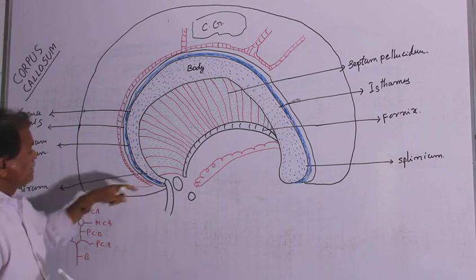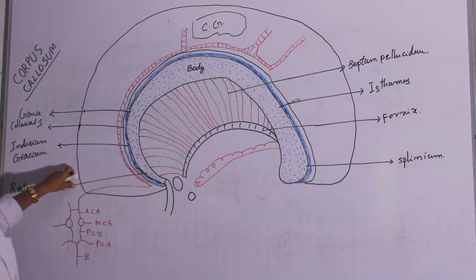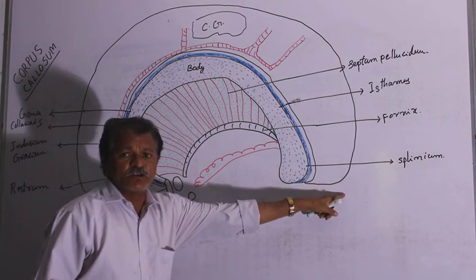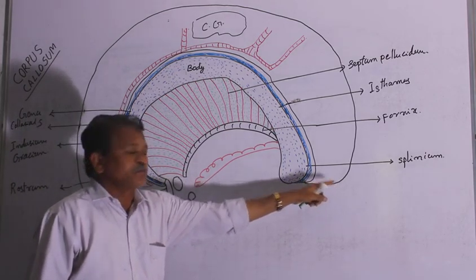So here, this is the anterior fold of the cerebral hemisphere, and this one is the posterior fold of the cerebral hemisphere.